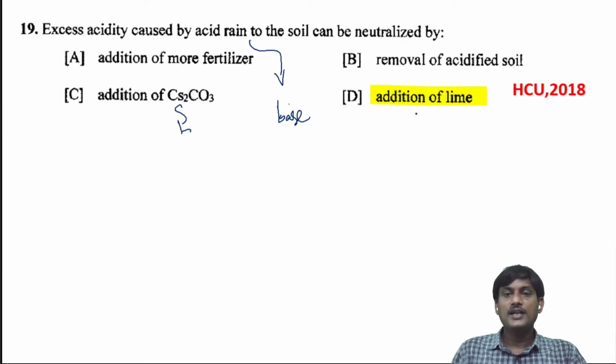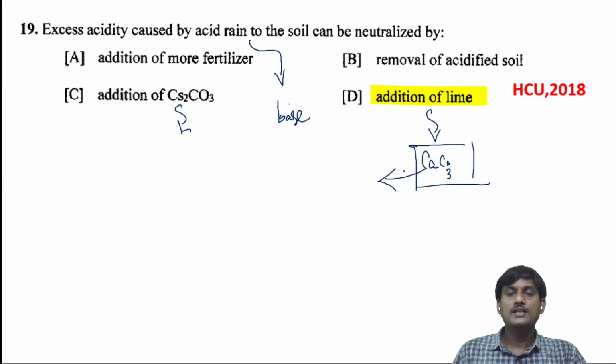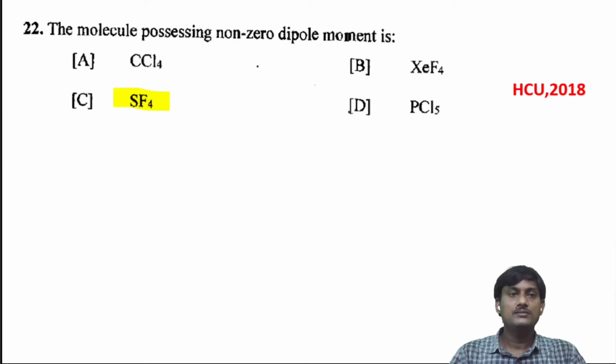But if you take addition of lime, calcium carbonate, it's a base which can neutralize acid, and also the calcium present in the calcium carbonate will be used for the growth of plants. So generally we use lime for the neutralization of acid rain soil.